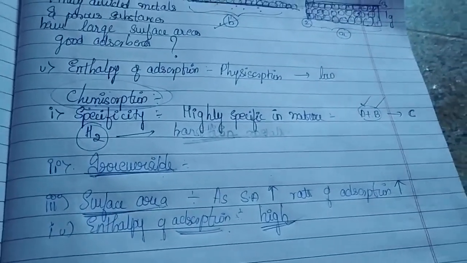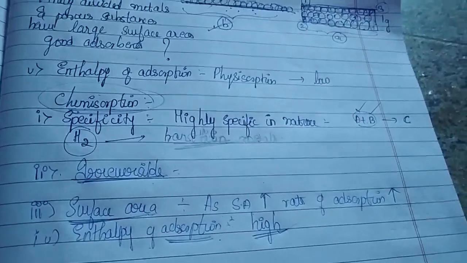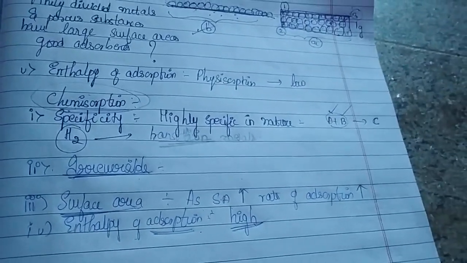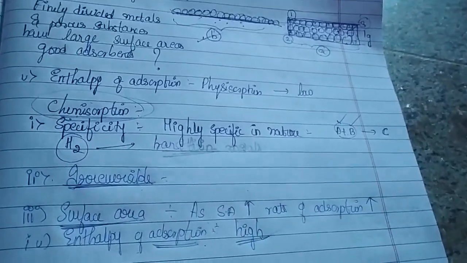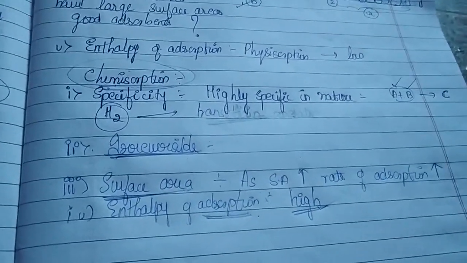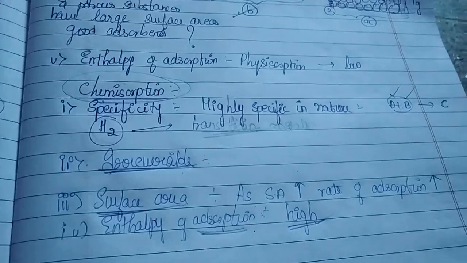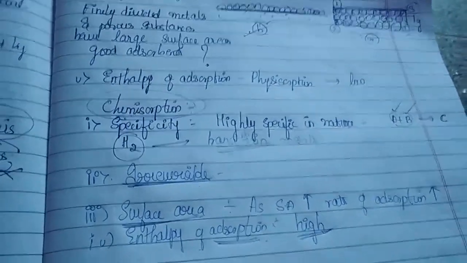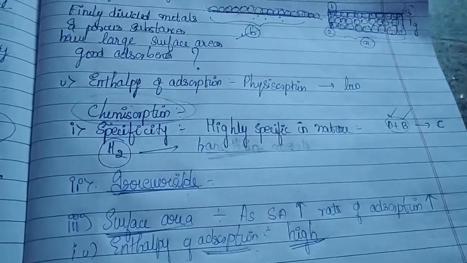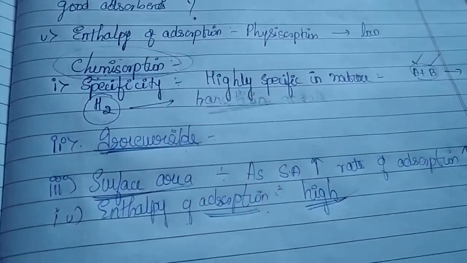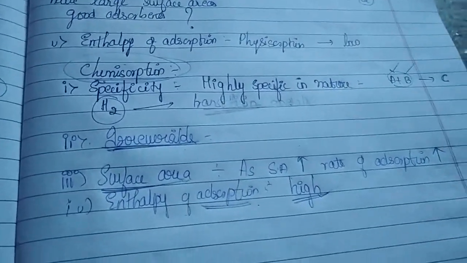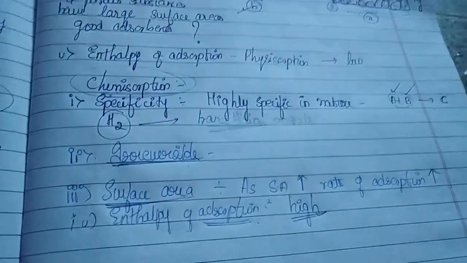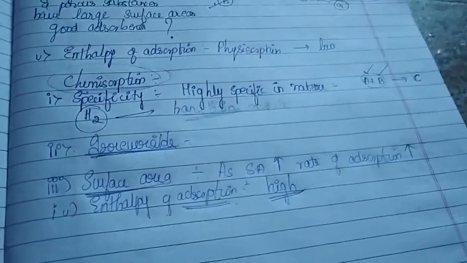This is very important because sometimes in exams they can ask you to distinguish between the two. You have to remember how they are specific in nature, how the surface area influences the rate of adsorption, what the enthalpy of adsorption is, and whether they are reversible or irreversible in nature.